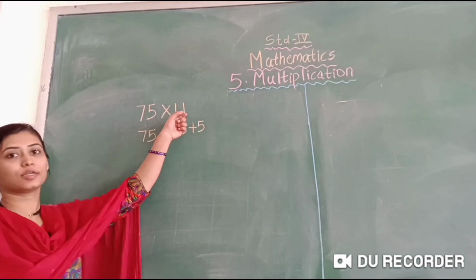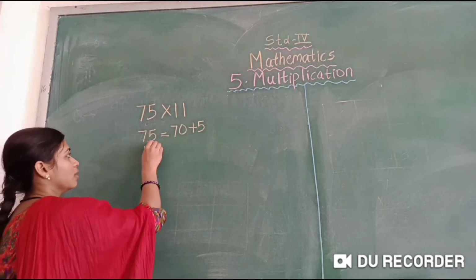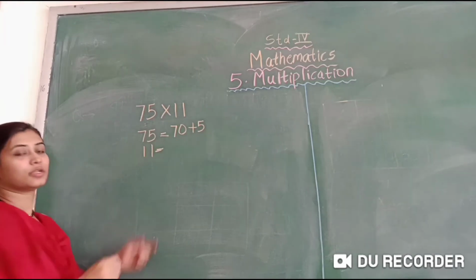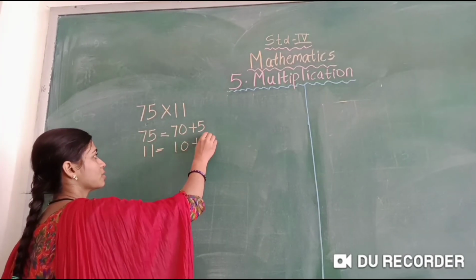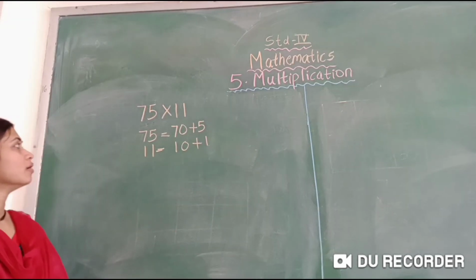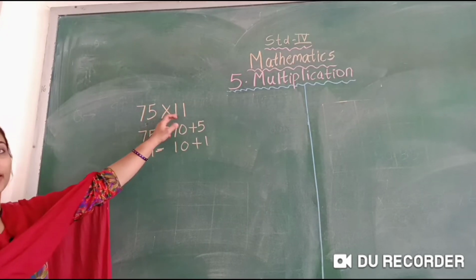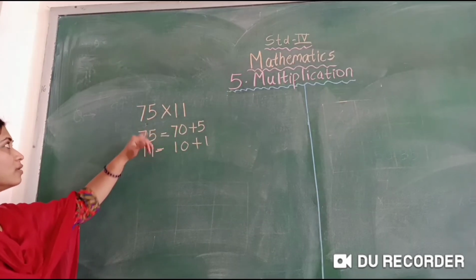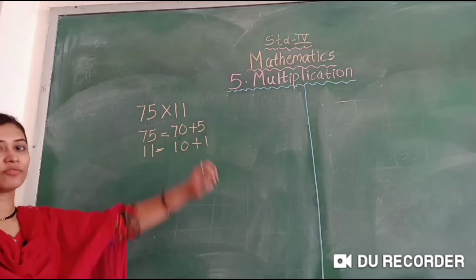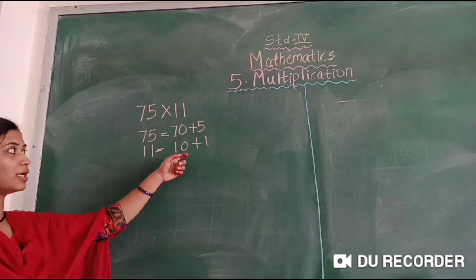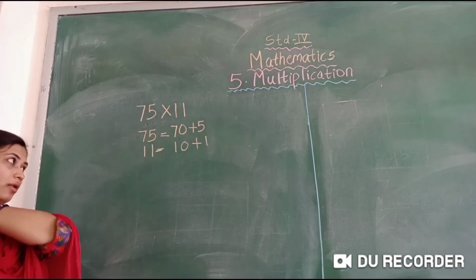And how is 11 written in expanded form? That is 10 plus 1. First we need to expand 75. 75 is written as 70 plus 5 and 11 is written as 10 plus 1.